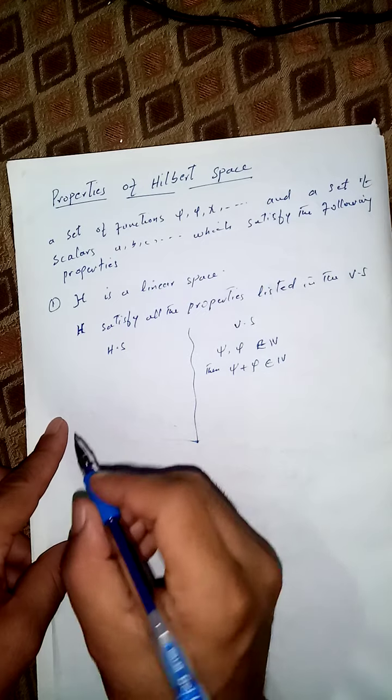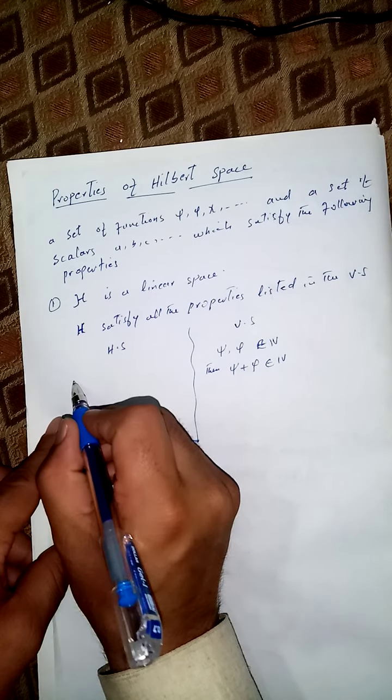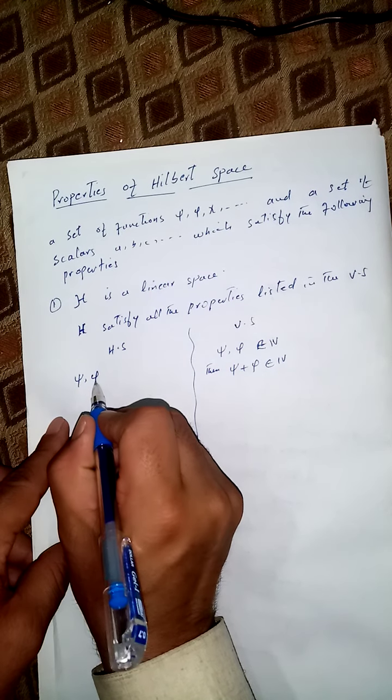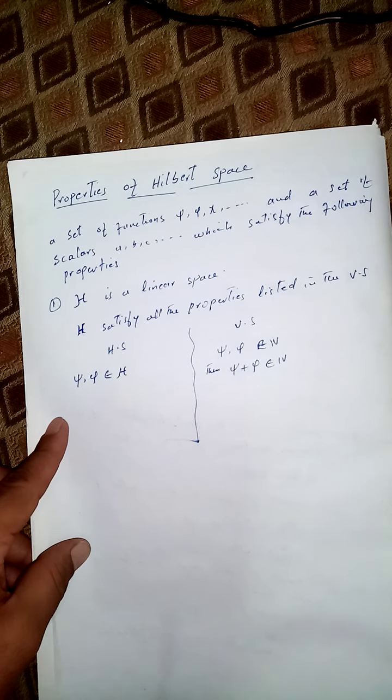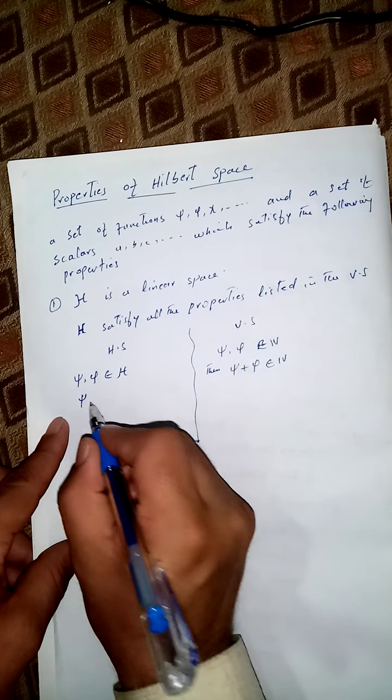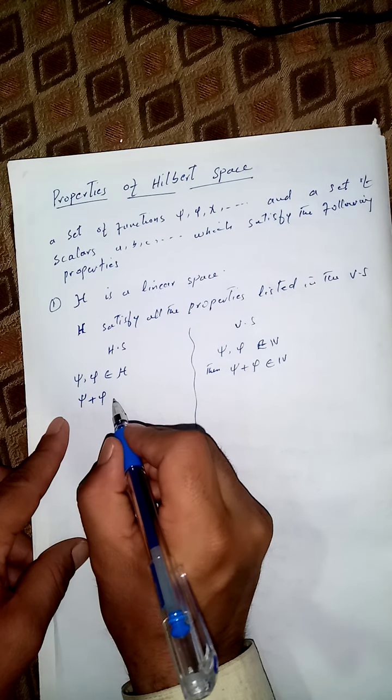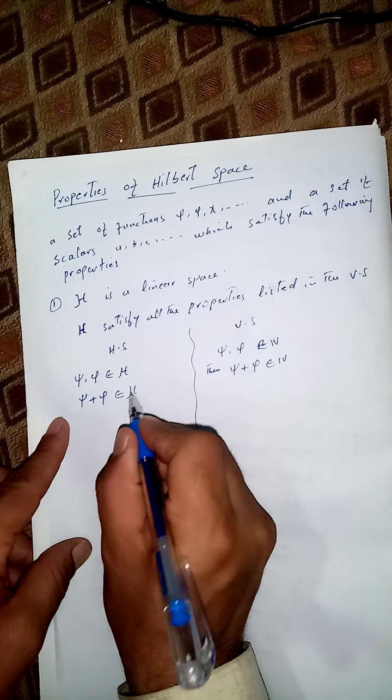The same is true for Hilbert space. If we have two functions psi and phi which belong to the Hilbert space, then their sum psi plus phi also belongs to the Hilbert space.